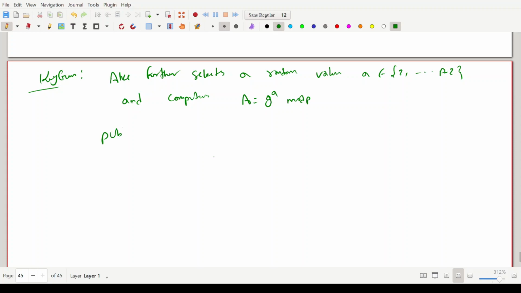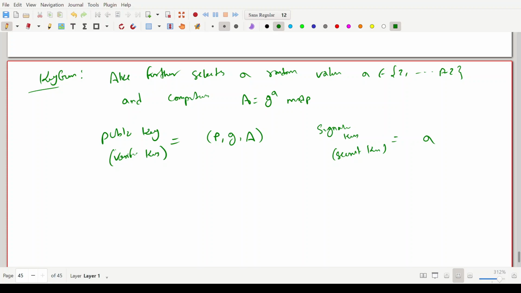The public key, which is the verification key, is P, G and this capital A. And the signing key, which is also the secret key, is small a.